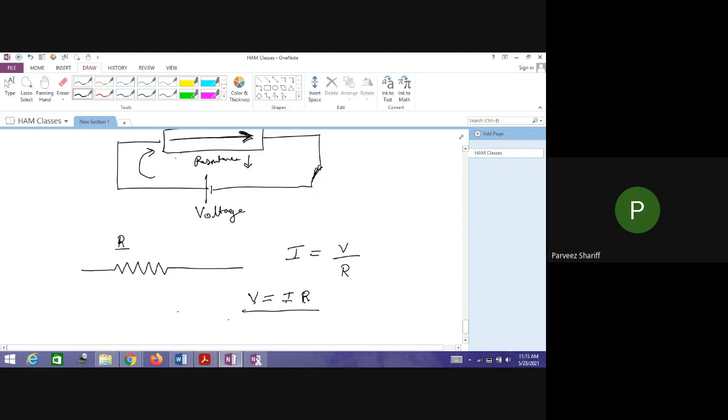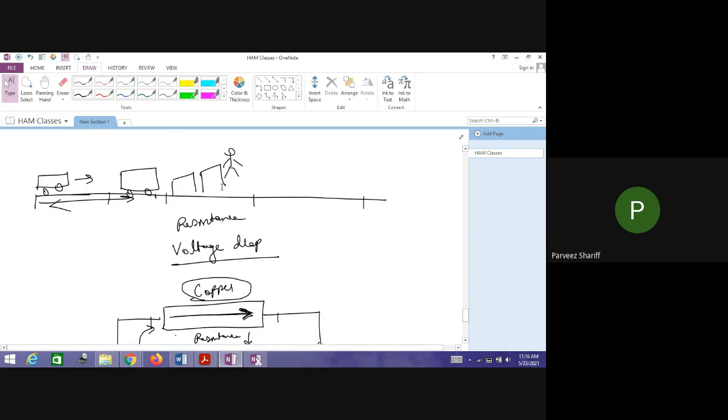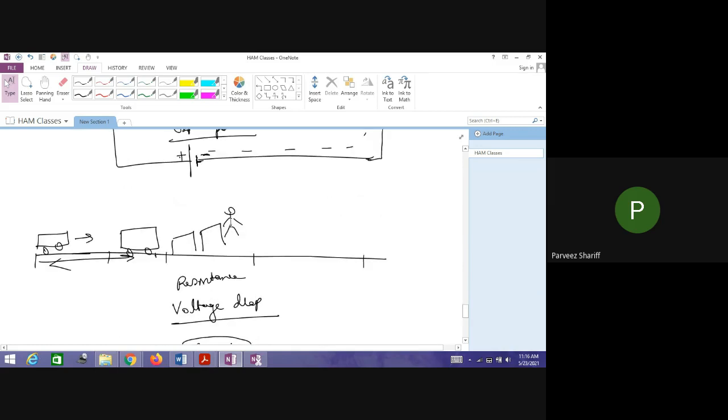If you want to understand the voltage drop, meaning the traffic being created, that depends purely on the resistance. If the resistance is too high, what happens? For example, take the barricade and the check post. If the checking is very strict, they're checking each and every vehicle, stopping them, asking them to open the boot, checking the luggage, then a huge traffic piles up behind each vehicle.